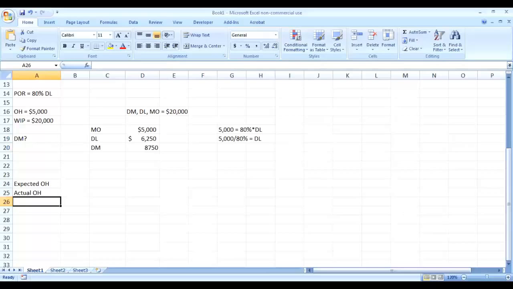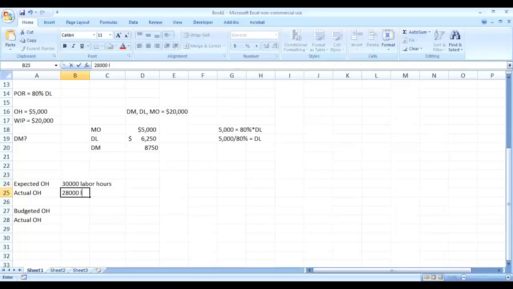Expected was 30,000 labor hours, and actual was 28,000 labor hours. The budgeted overhead was 900,000, and the actual overhead was 870,000.